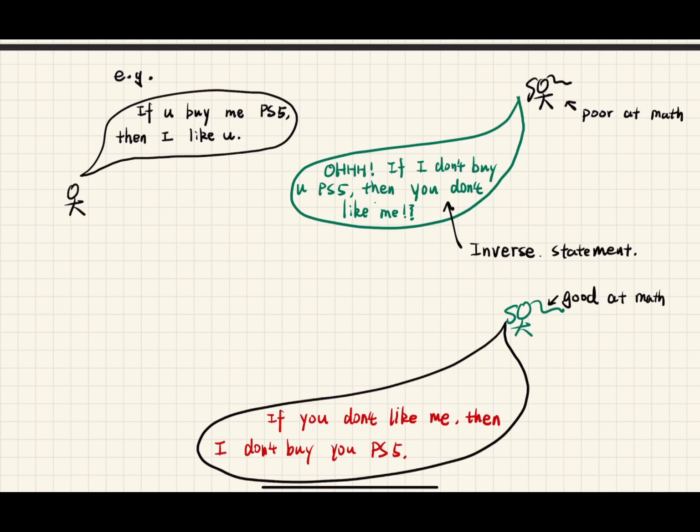But my girlfriend, who is poor at math, she will say, "Oh my goodness, you mean if I don't buy you a PS5, then you don't like me anymore, right?" So actually, it happens all the time, right? But what is that statement? That's the inverse statement, right? It's not logically equivalent to what I'm talking about, right?